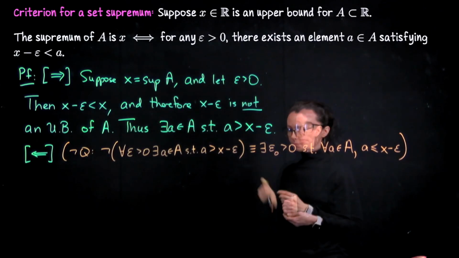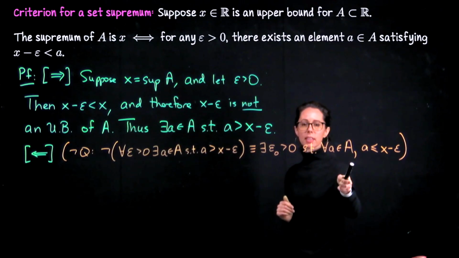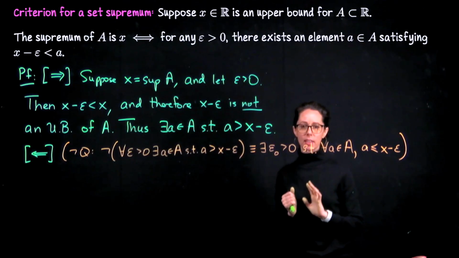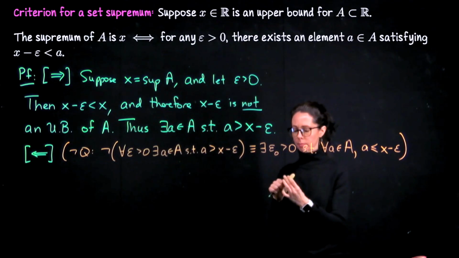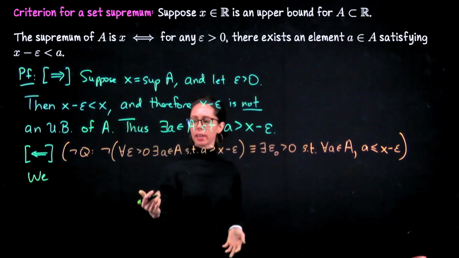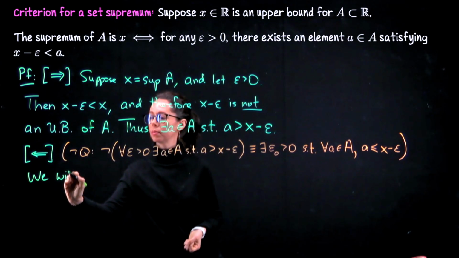Let's now see if we can get to this by starting with the assumption that x is an upper bound, which is not the supremum. I'm going to tell the reader that that's the route we're taking, so we will show the contrapositive.